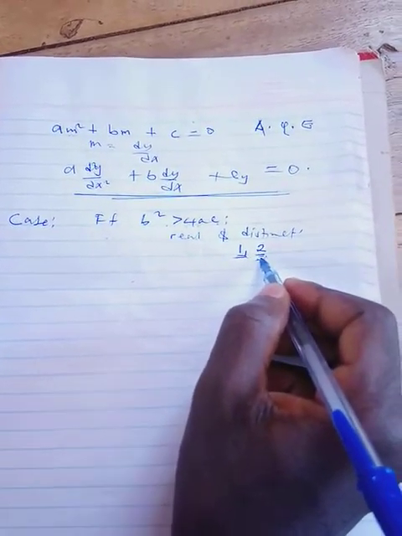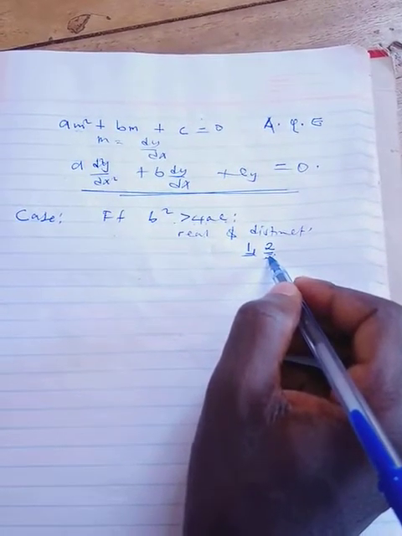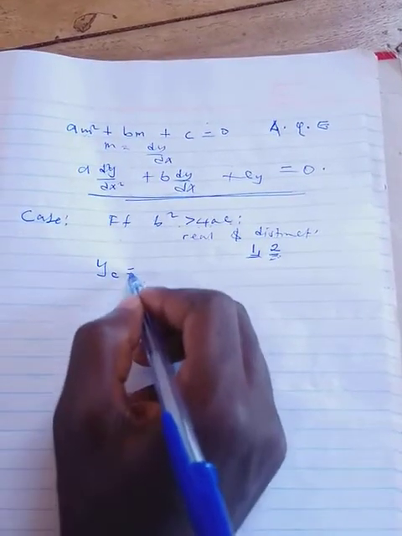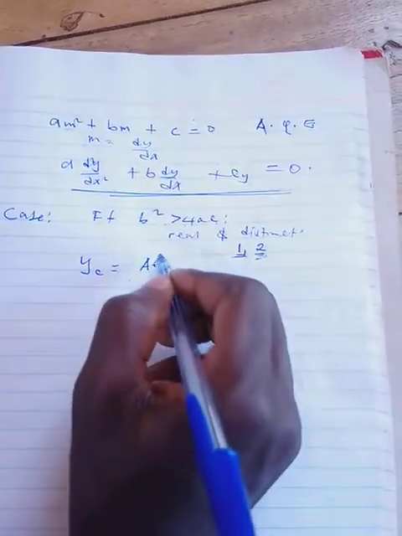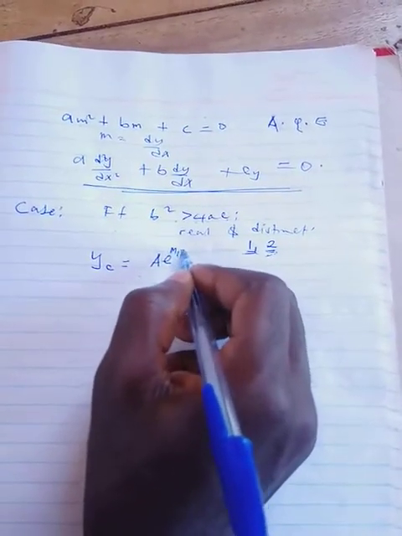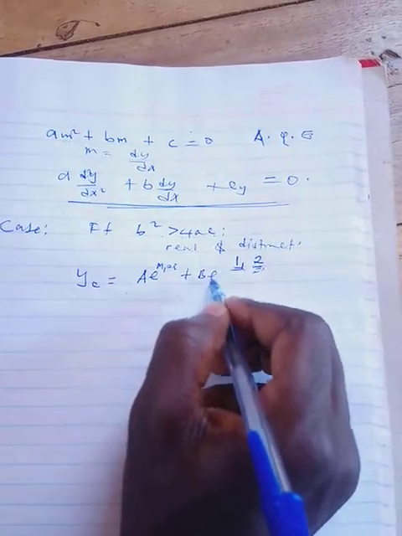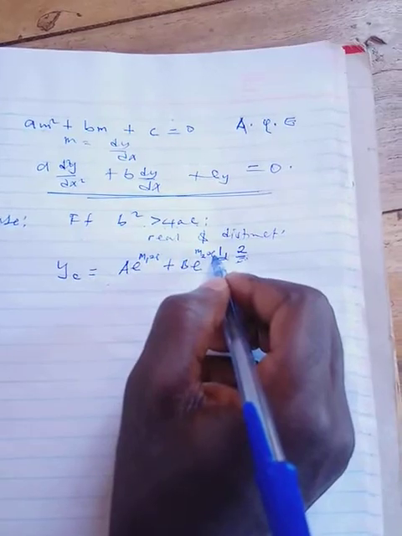How do you solve such? How do you get the complementary solution of such a differential equation? Our complementary solution will be equal to any constant, say a, times exponential m1 of x plus b exponential of m2 of x. What am I trying to say?